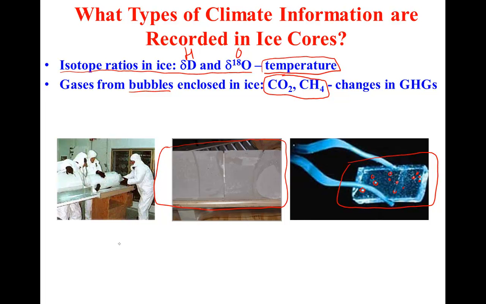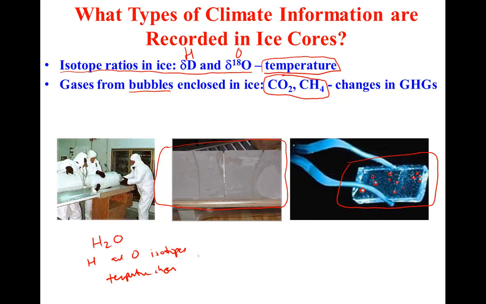At the same time, ice is, of course, H2O, so it contains both hydrogen and oxygen isotopes. Ratios of different hydrogen or oxygen isotopes are a reflection of temperature changes.